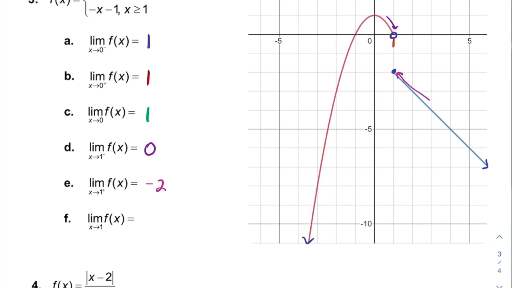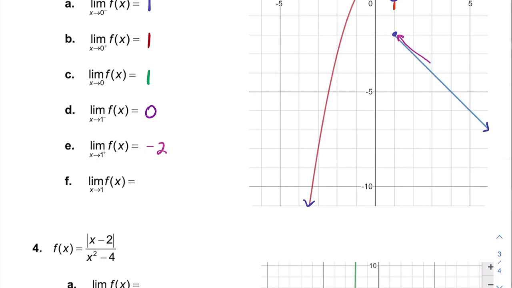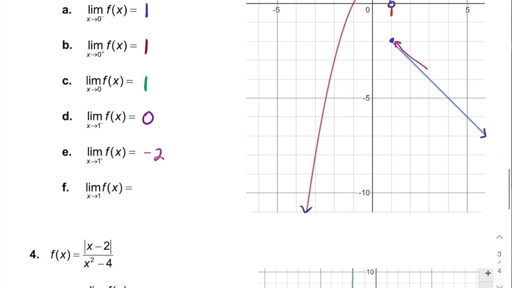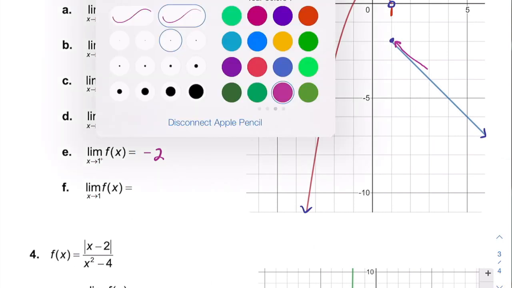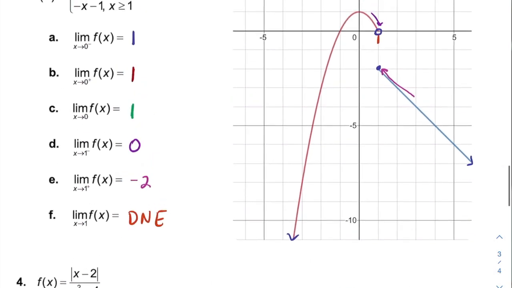So as x approaches 1 from the left and from the right, we're actually ending up at different spots. And so in that case, we can conclude that this limit as x goes to 1 does not exist. And at 1, this is a classic case of a limit that doesn't exist.